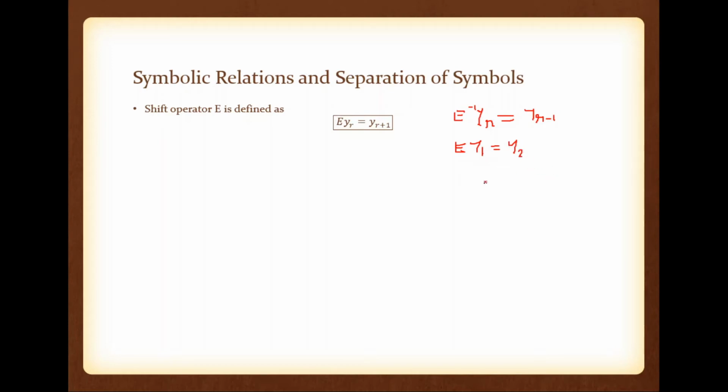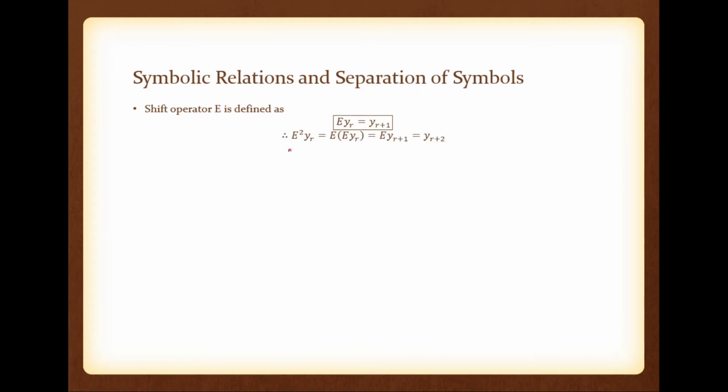Then what is the previous data of y2? We can write it as E minus 1 y2. What is the previous data of y2? That is y1. So E means next, shifted downward. E minus 1 means previous, shifted upward. We are picking the previous data. Is it okay? So this is the shift operator.